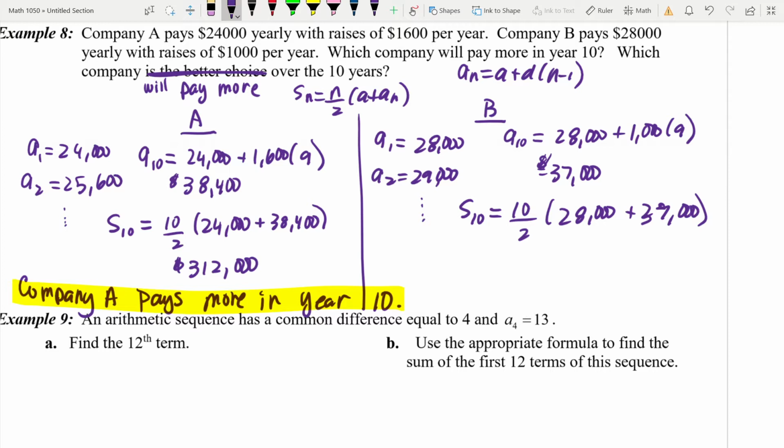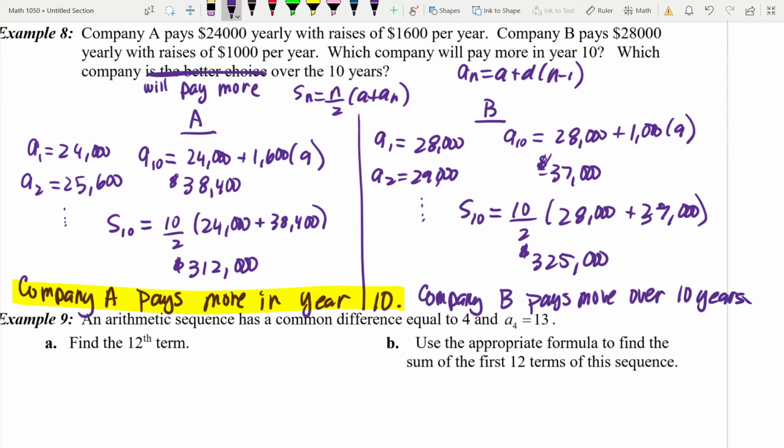Okay, so you're going to go 5 parenthesis, 28,000 plus 37,000, close it off, hit enter, and you get $325,000. So over the 10 years, then company B pays more. Okay, so I'm going to say company B pays more over 10 years. Done.